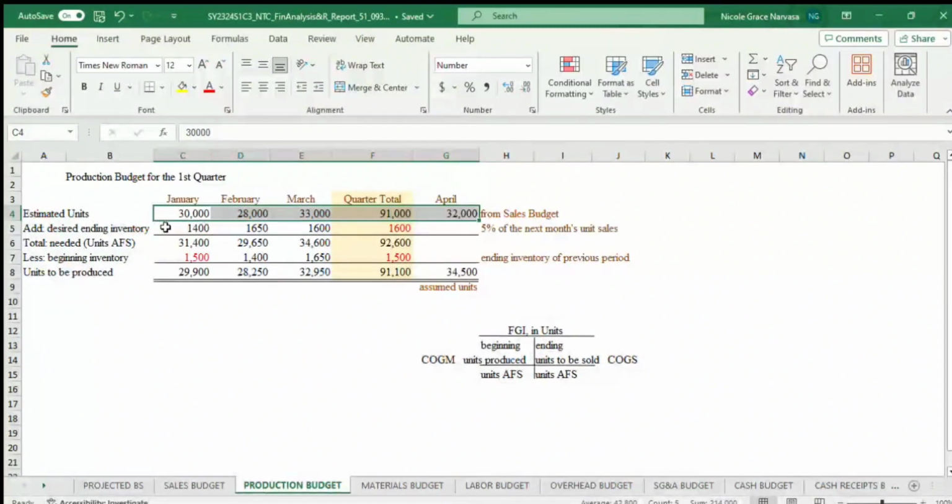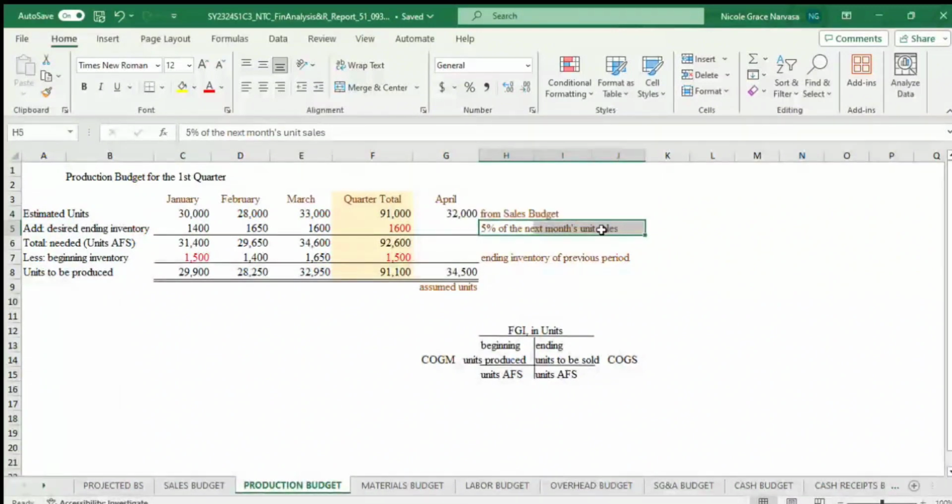Just to give you a heads up, this is just an assumption. This is 5% of the next month's unit sales. So first is 1,400, next is 1,650, then March 1,600, with a quarter total of 1,600.